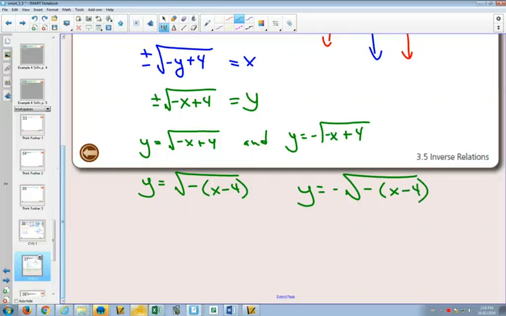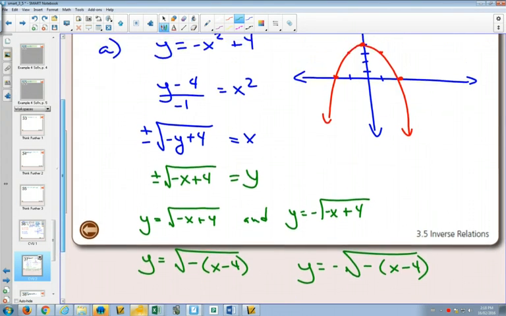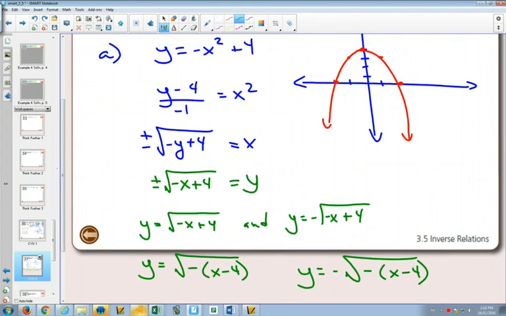And it will actually be moved 4 to the right instead of being moved 4 to the left. So if I took my square root graph, and inside I have a negative, that means it's going to flip over the y-axis and then move 4 to the right.